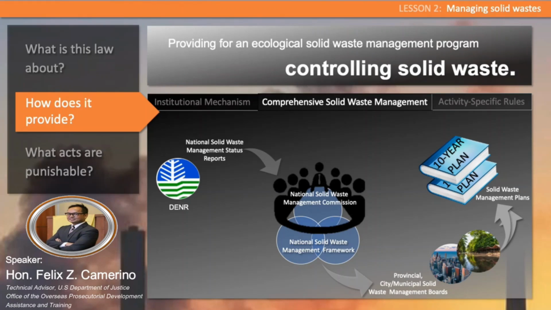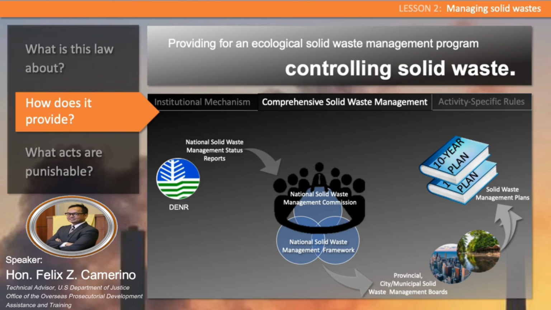If you read the law, you may notice that it almost seems to say that yung ginagawa ng DENR to create the status report is a one-time thing. It's only intended a few months after this law was put into effect.